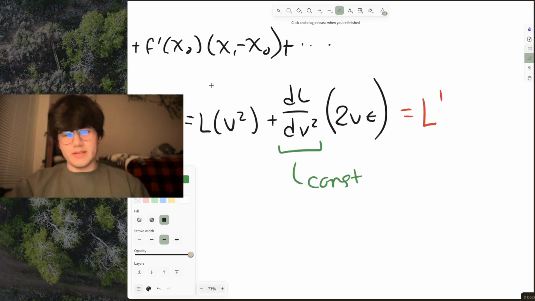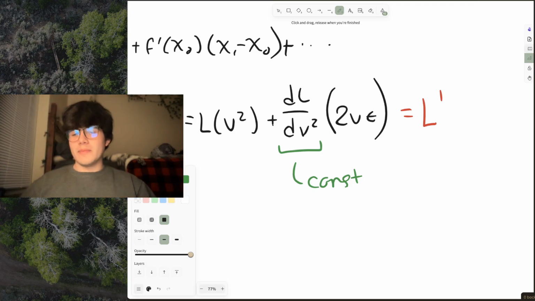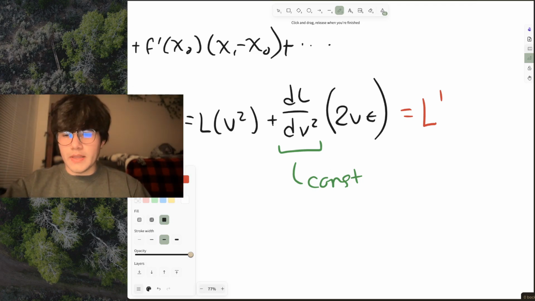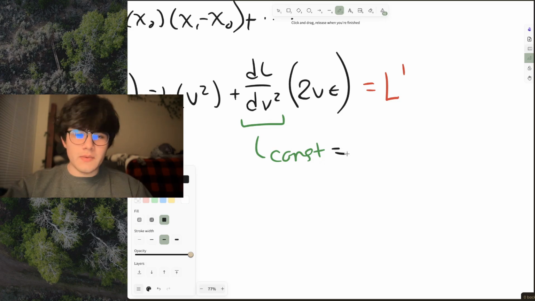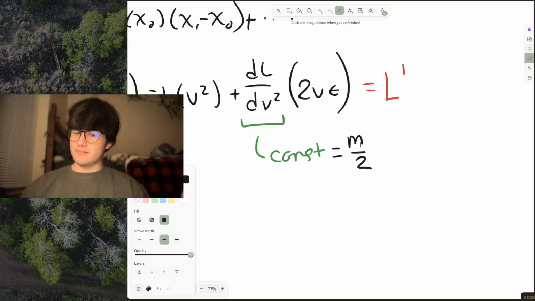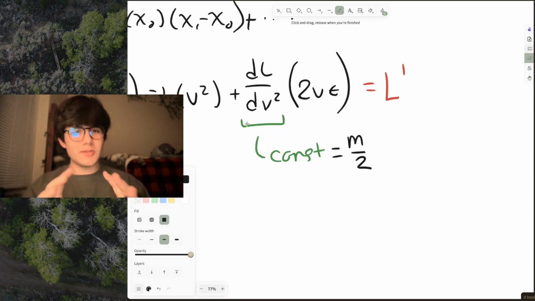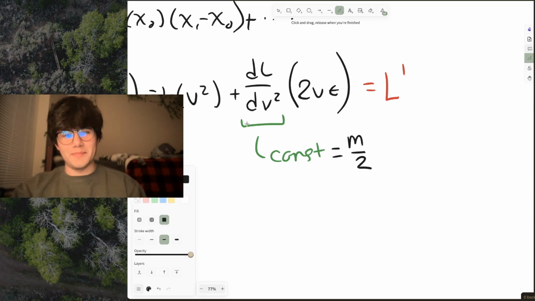And this is going to be hand wavy, but from experiment, we find this constant to actually be equal to mass over 2. Seems pretty neat, right? Now, I wish I could explain this better, but I'm not aware of any simple way to explain this.